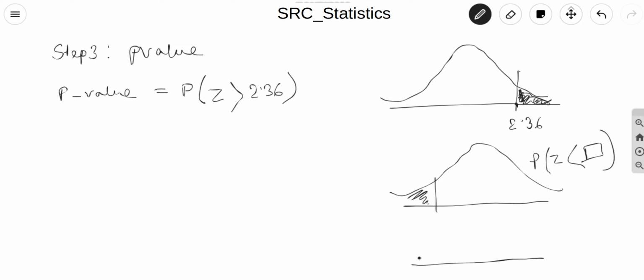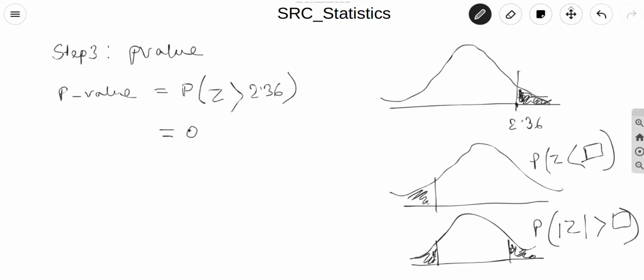And if it is a two-tail test, then the p-value would have been at both tails of the z curve, and the formula for the p-value would have been probability mod of z greater than whatever the value of the test statistic is. So since this is a right tail test, we find out probability z greater than 2.36. Using the z table, this is 0.0091.